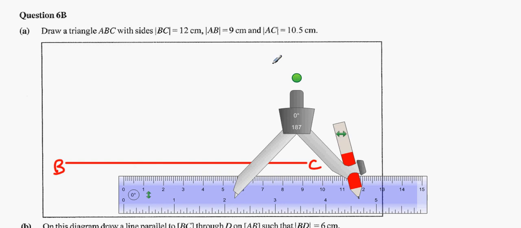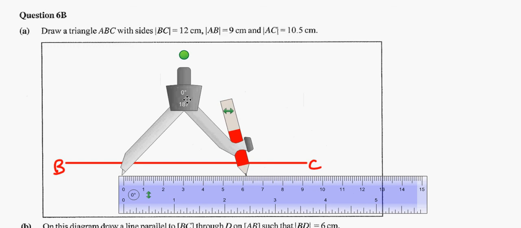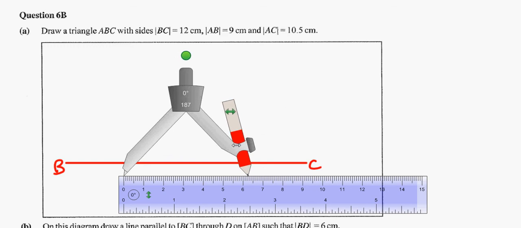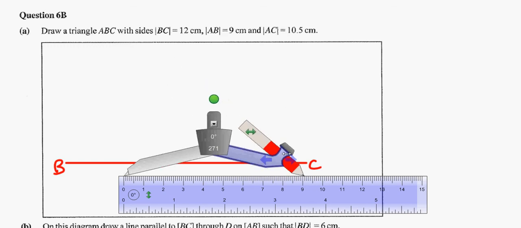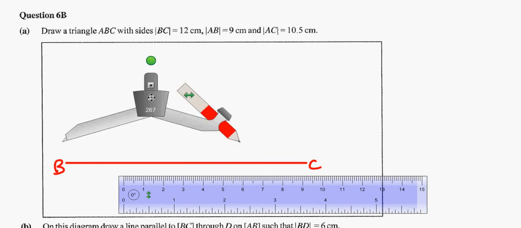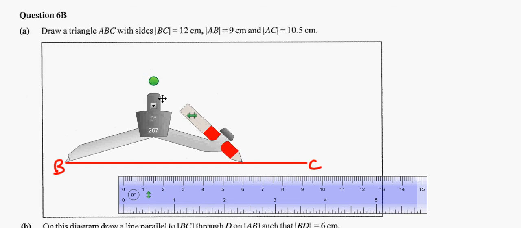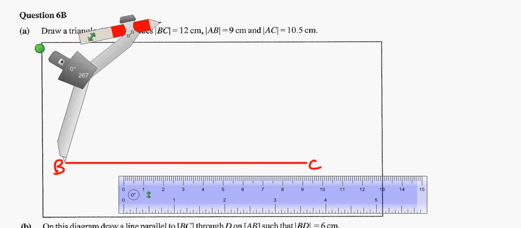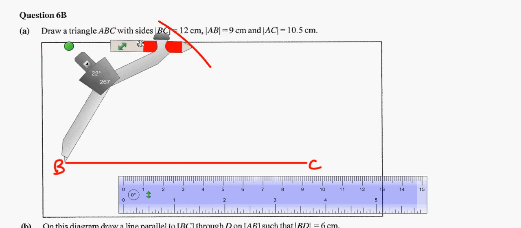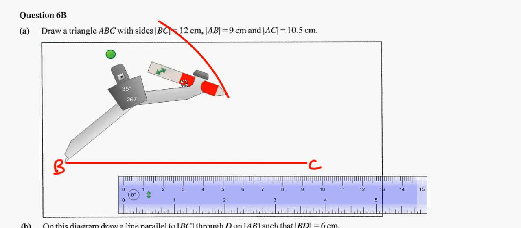We're going to go back here and measure up 9 centimeters. So we're going to spread this across until we have 9, and we can move this up, and we're going to make a big dash here. As you can see, I just didn't fit it in properly, so I'm just going to make a big dash here.